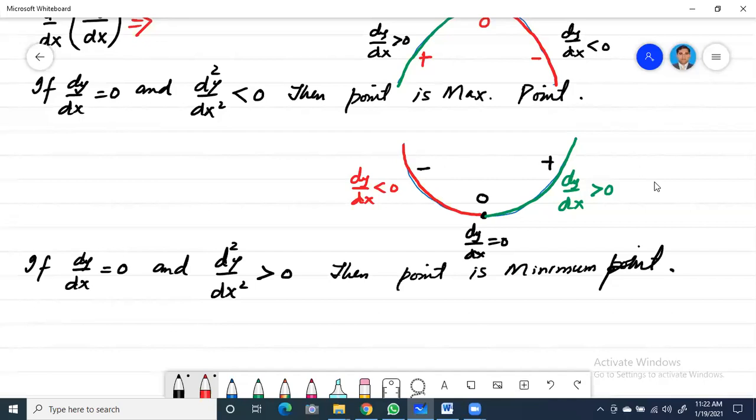This is the way to find with the help of the second derivative whether the point is a maximum point or a minimum point. Mean the nature of the point we can check with the help of the second derivative like this.